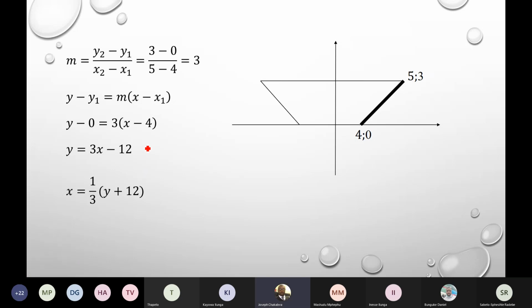When I calculate the equation, this is what I get. But I have to make x the subject of the formula. That's what is important.